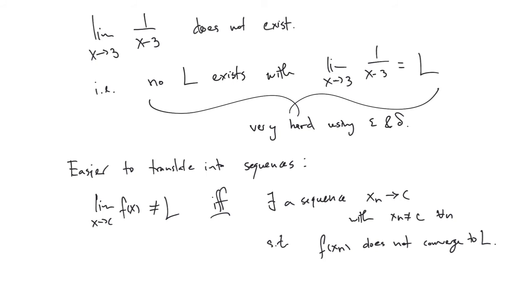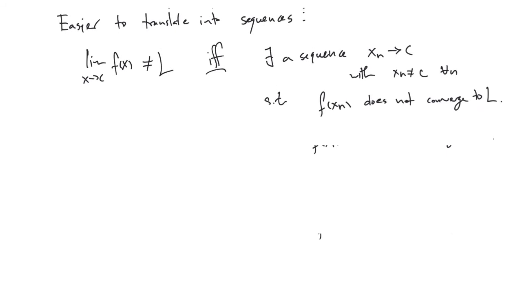Let's see if we can do a very specific example. Oh, okay, sorry, I want to revisit that example, but let me just say another version of this. What I just wrote is what it means when the limit does not equal L. What about the limit does not exist at all? Limit as x goes to c, f of x does not exist at all.